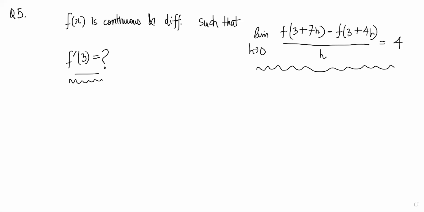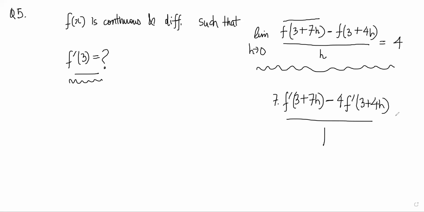-3. How -3? L'Hopital's rule, or you will differentiate with respect to h, right? Okay. What is coming on top? F dash 3 plus 7h into 7, minus 4 into f dash 3 plus 4h, by 1, right?